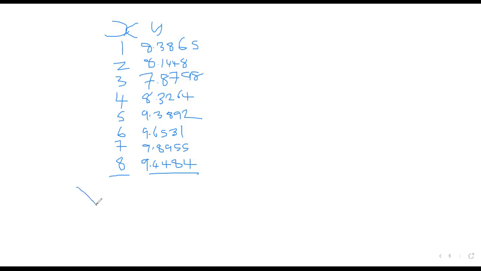So we can find our regression line, which is equal to alpha plus bx.